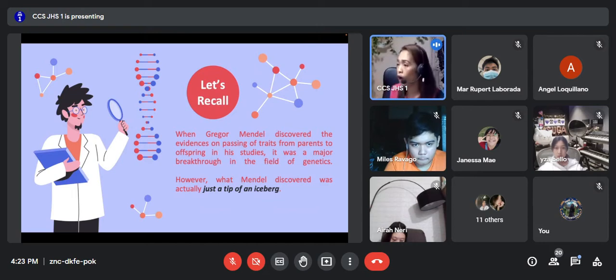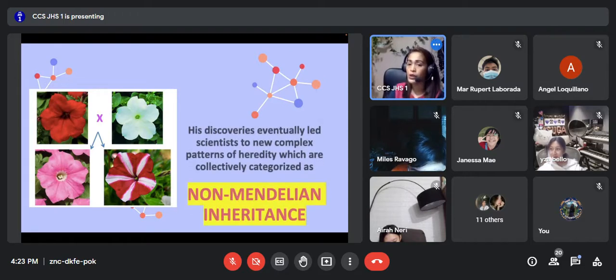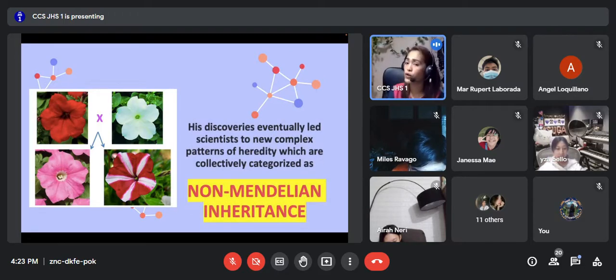Complete dominance is just one out of the many patterns of inheritance that were later on discovered by other scientists with the help, of course, of modern technology. So, here we have an example of other patterns of inheritance. For this afternoon, we'll focus on the other and new complex patterns that are collectively called non-Mendelian inheritance.